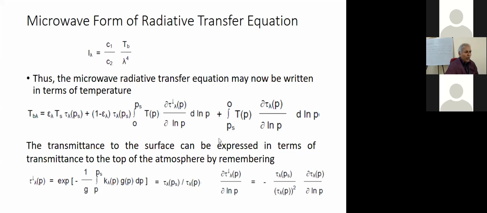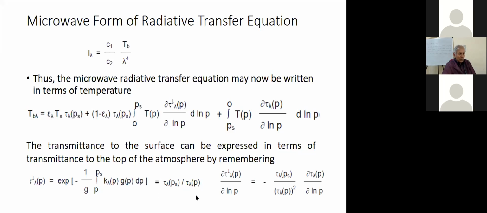So I will now be able to get an expression like this involving not radiance but brightness temperature. Okay, so there is some algebra here. This downward transmitted radiance is given by this, which can be, if you use the basic definition of transmittance, this will go from P, will go from basically.